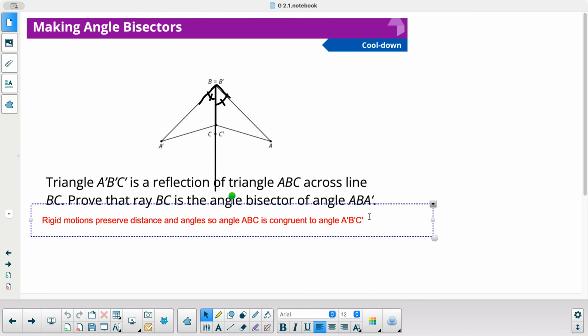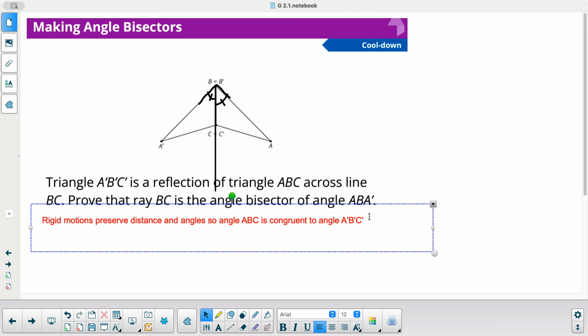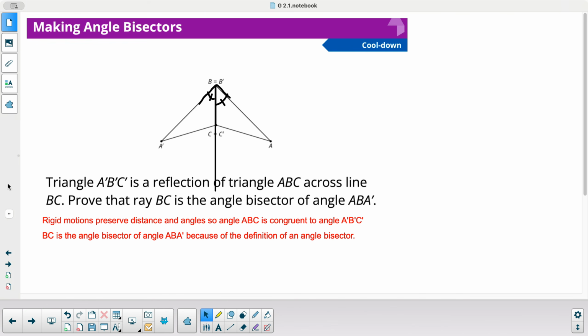So I might want to add that in here. So BC is the angle bisector of angle AB A prime because of the definition of an angle bisector. Okay, so there you go.